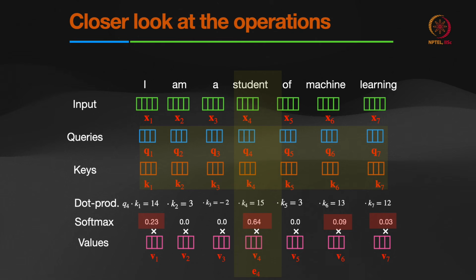So what we are going to do now is take about 0.2 of I, 0.6 of student itself, and then 0.09 of machine and 0.03 of learning, and now you add all of it with those weights, the value vectors for all of these instances, and that is what is going to become the embedding for the location at student in the output of the attention.